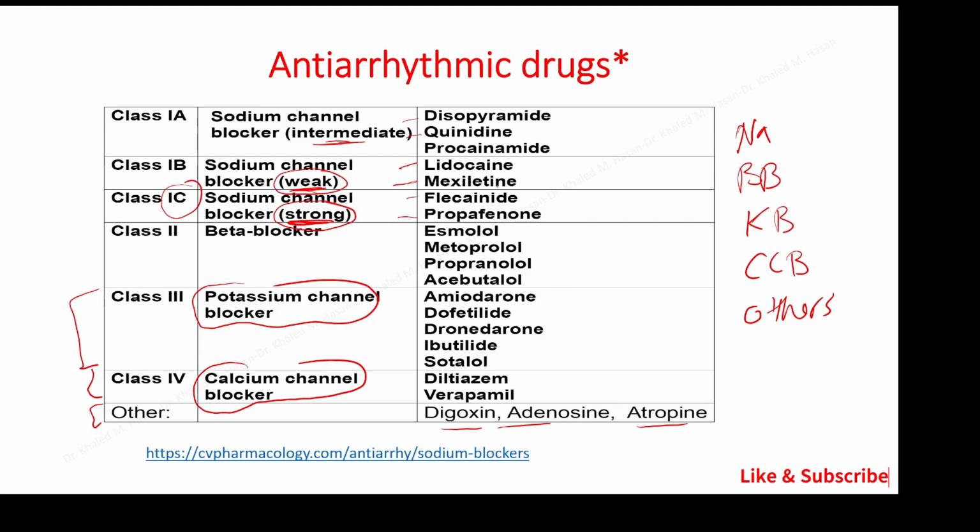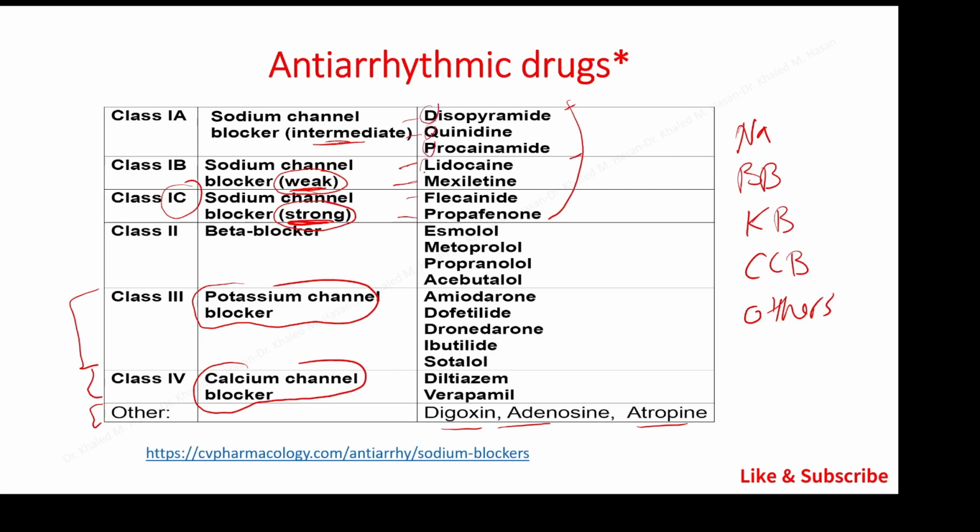For this one we have a mnemonic. We are going to practice that in the next slide. We have a mnemonic for class 1A, 1B, 1C. For example, when someone goes to McDonald's to order food, they ask for a double quarter pounder.